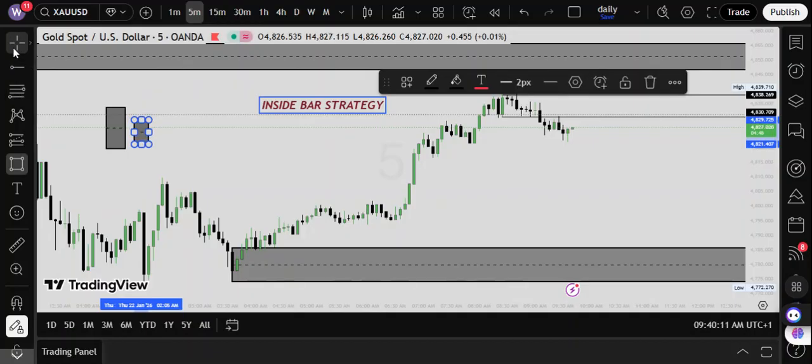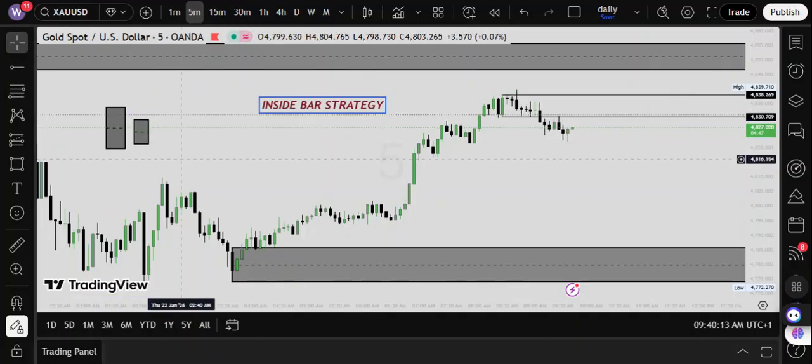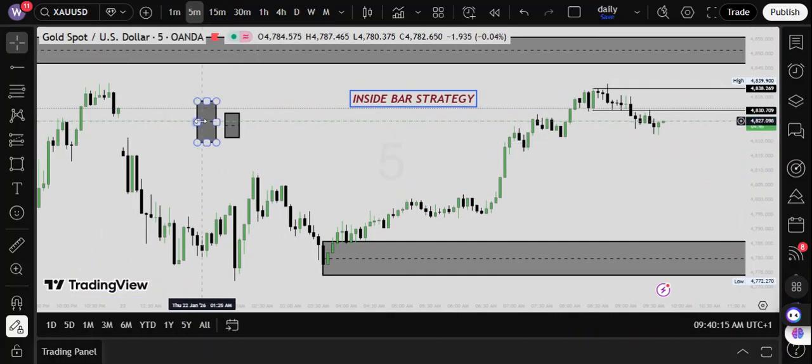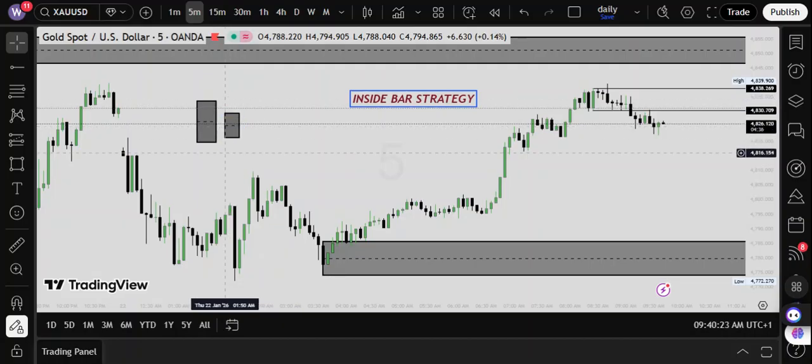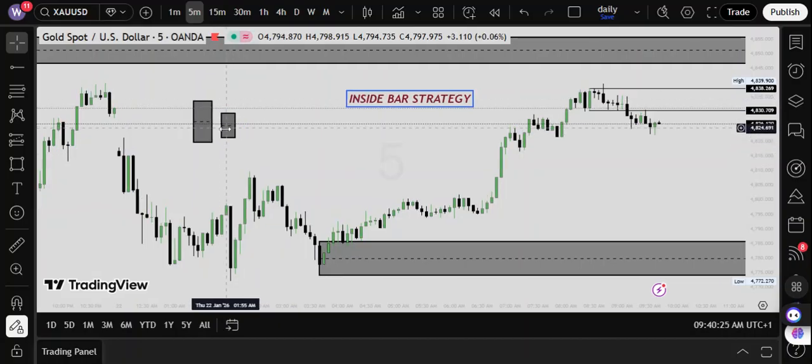This formation is known as an inside bar formation, when you have a big candle overshadowing the next candle, still without breaking the top or the low. We tend to see candlestick patterns like this most often in the market.